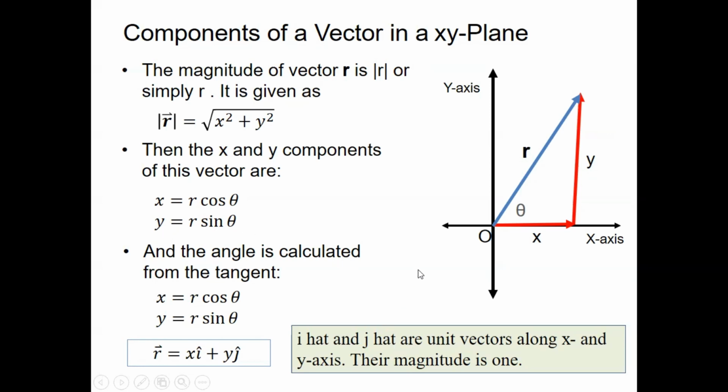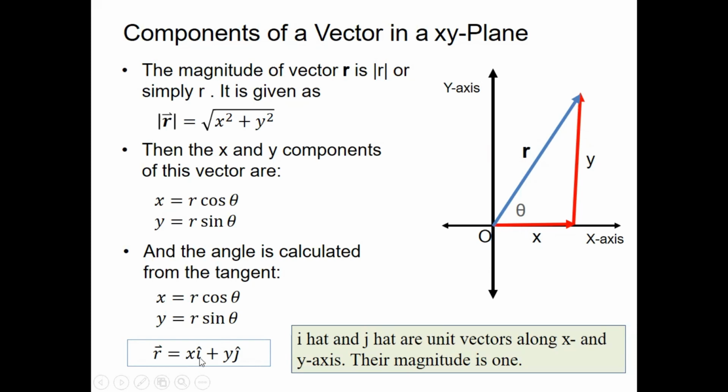A good representation for a vector in the xy plane: here I show the x-axis and the y-axis, and I have omitted the north and east notation. In this xy plane, on the x-axis, this is the magnitude of the vector x. There is also a unit vector, a vector which has magnitude 1 and whose direction is always along the x-axis.